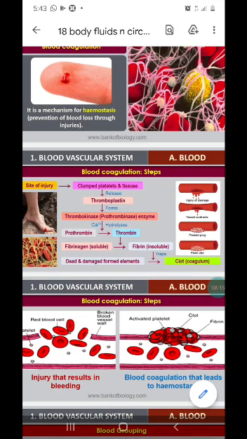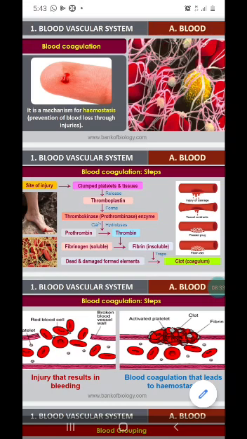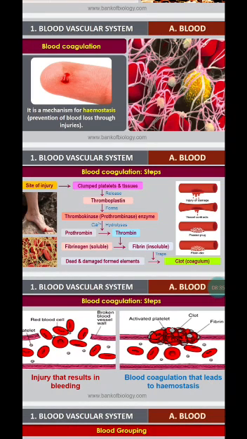Thromboplastin to prothrombin is helped by the enzyme called thrombokinase. And prothrombin again becomes thrombin. The same enzyme, thrombokinase, is used here. Prothrombin to thrombin, which will convert fibrinogen to fibrin.